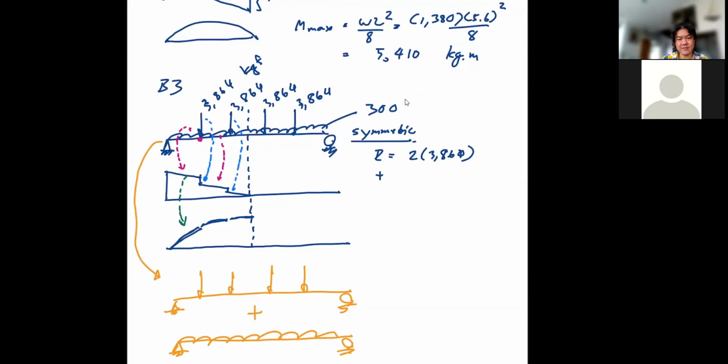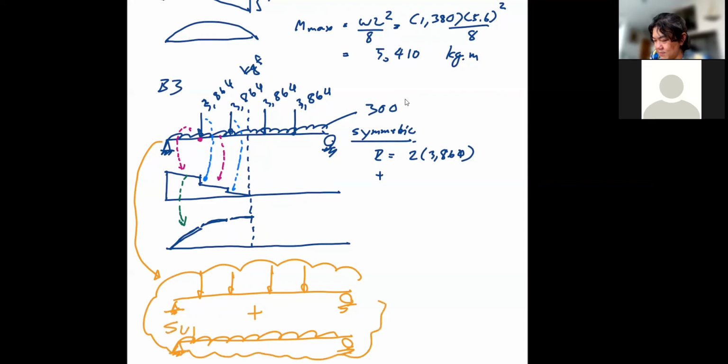So it would make my life easier, at least in terms of the calculation of the reaction, right? This, ladies and gentlemen, is what we call superposition. If the situation permits, you can always break your situation into small ones, analyze each one by one, and then add them up.